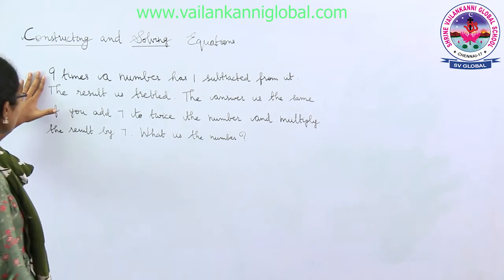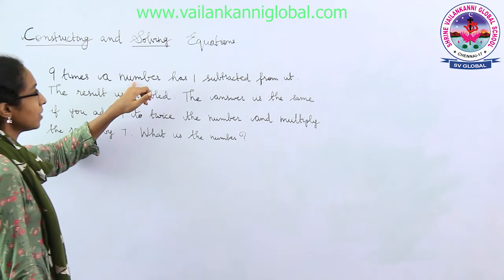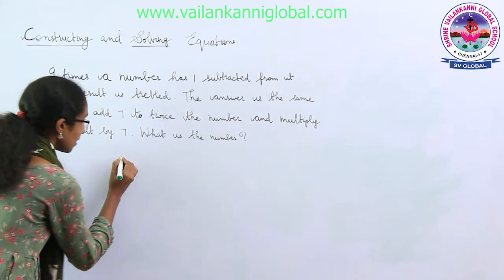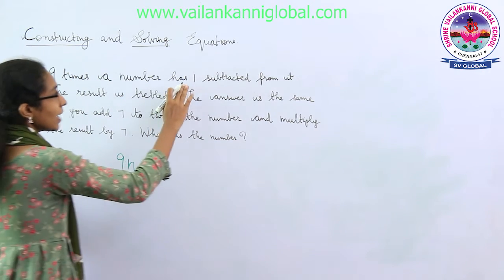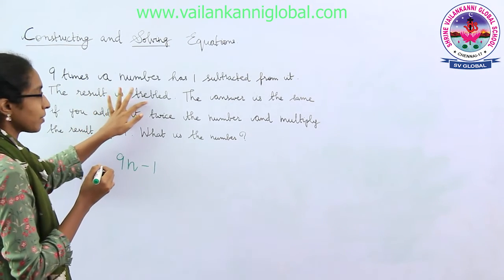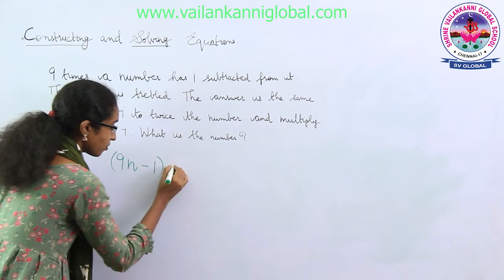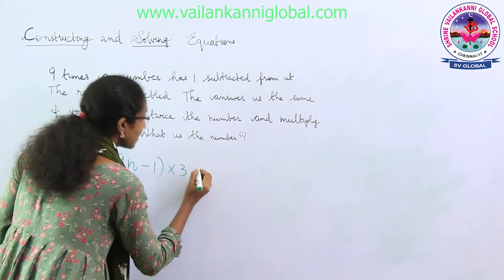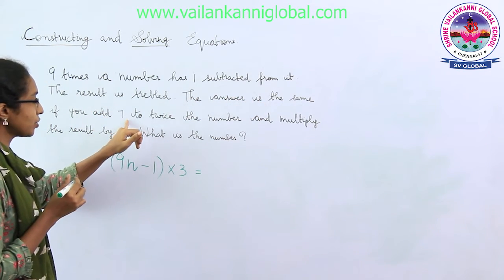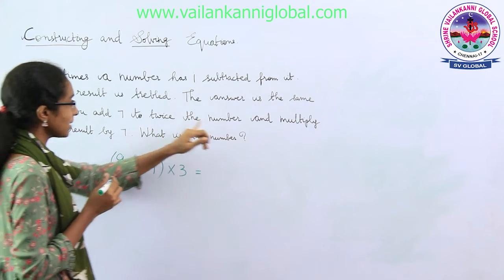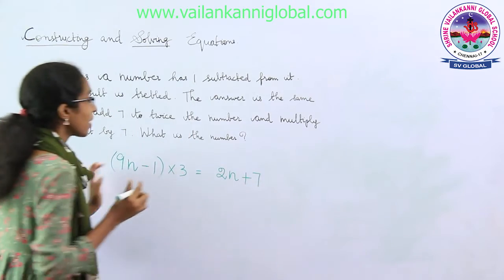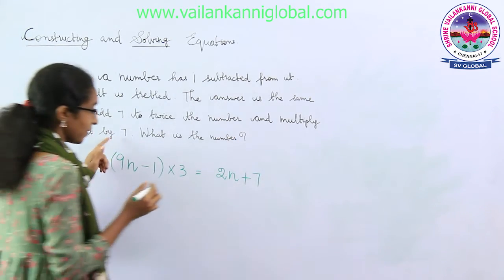Okay. The next sum is: 9 times a number has 1 subtracted from it. So 9 times a number, which means 9n, has 1 subtracted from it, so minus 1. The result is tripled, so it is multiplied with 3. And that is equal to, the answer is the same if you add 7 to twice the number, twice the number is 2n, and we are adding 7 to it, and then multiply the result by 7.